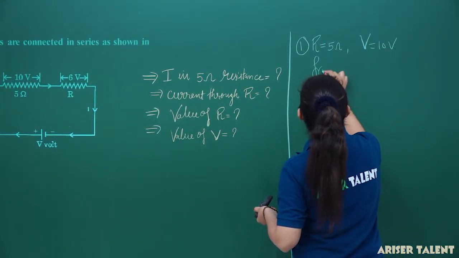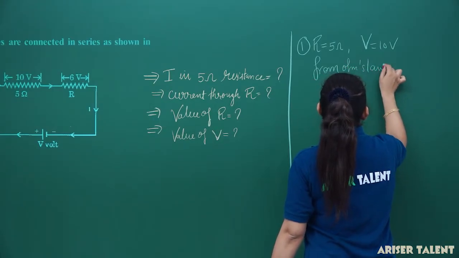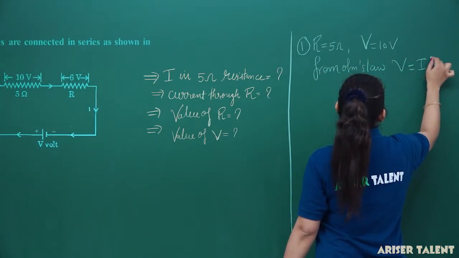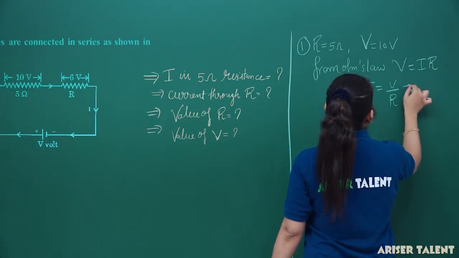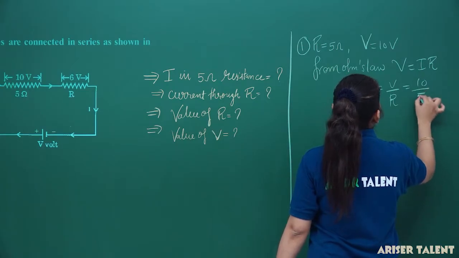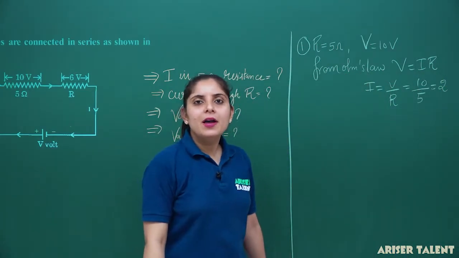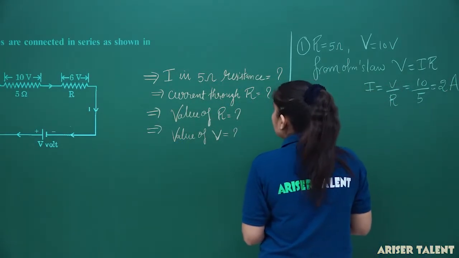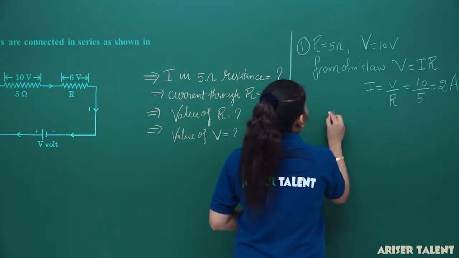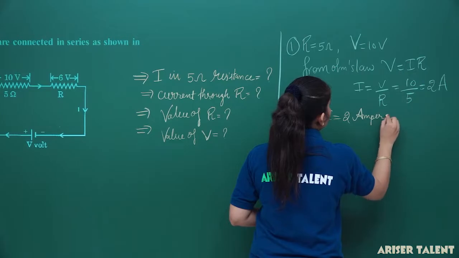So, from Ohm's law, we can write that V equal to IR. So, I equal to V upon R. It came out to be 10 upon 5, and 10 upon 5 will give you 2. And what is the unit of current here? The current has a unit of ampere. So, our first answer will be I equal to 2 ampere. This is the solution of our first part.